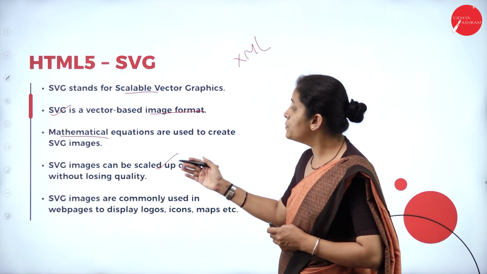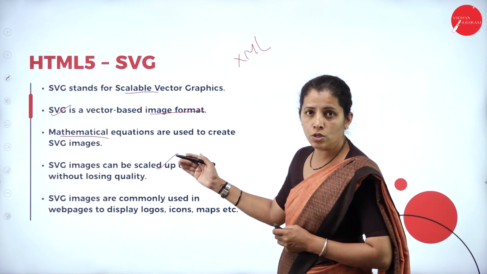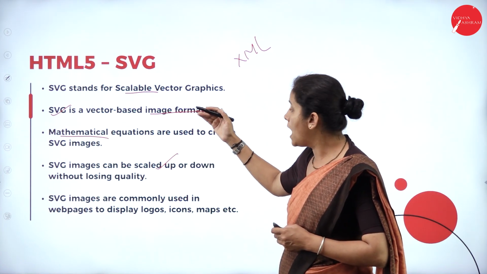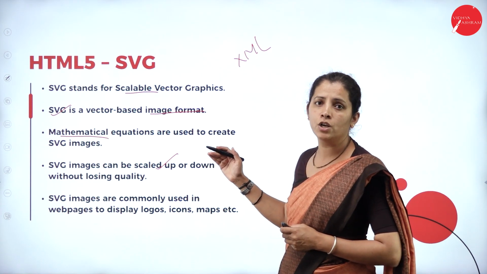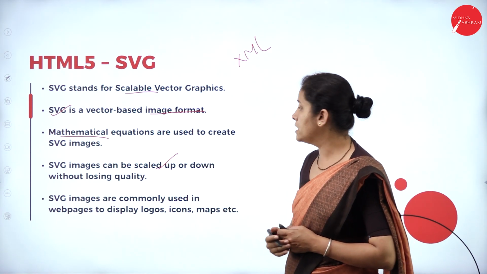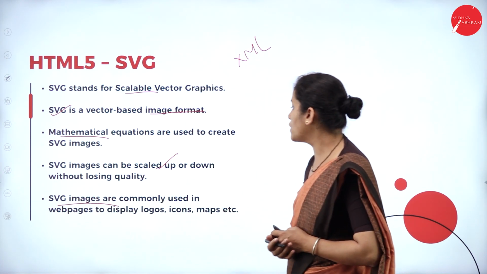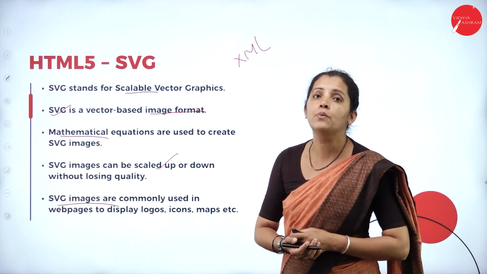So SVG allows the user to scale up the graphics, that's nothing but the image, and scale down the image without compromising the quality. So SVG images are commonly used in web pages.